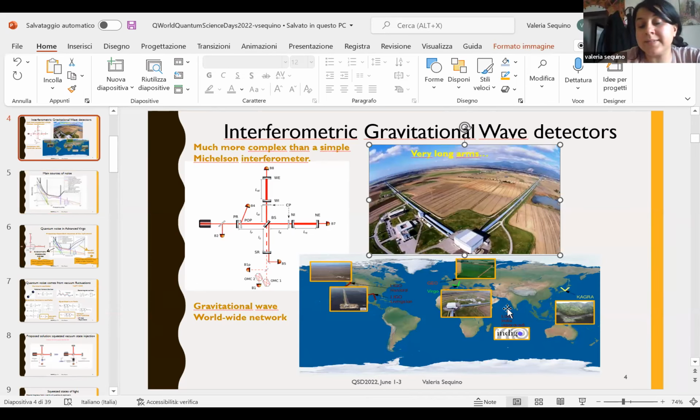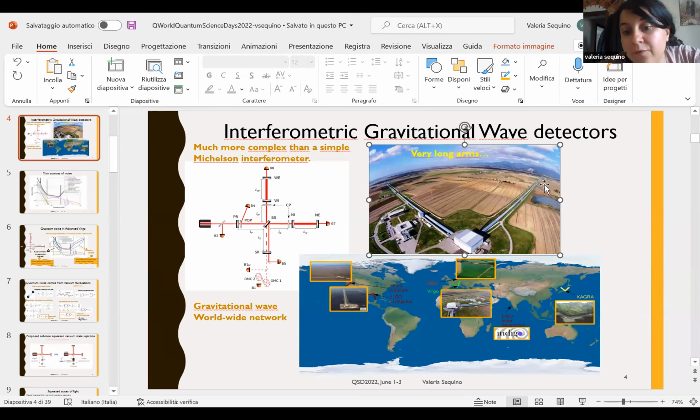Yes, some kilometers is already enough, in the sense that with the 3 kilometers we already see the curvature of the Earth. In fact, the tubes are built in a particular way in order to keep the beam straight.